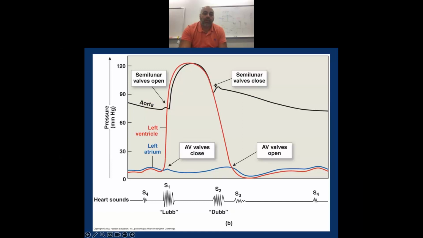We start to backflow and slam the door. There's S2. Here, little pressure in left atrium, and as we start to contract the ventricles, the AV valves close. There's S1.